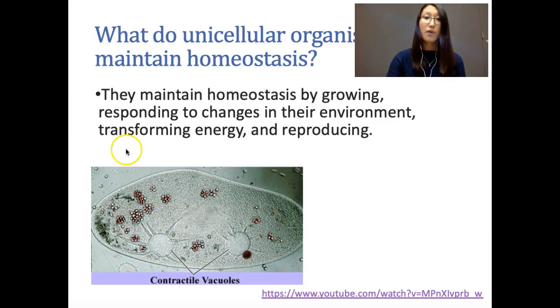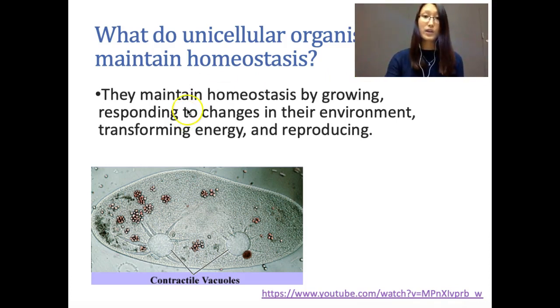So the cells need to do that. And then reproducing, in order to keep the cell alive and keep the genetic material passed down from generation to generation, reproduction needs to happen. So all those things are basic tasks that a unicellular organism would do.